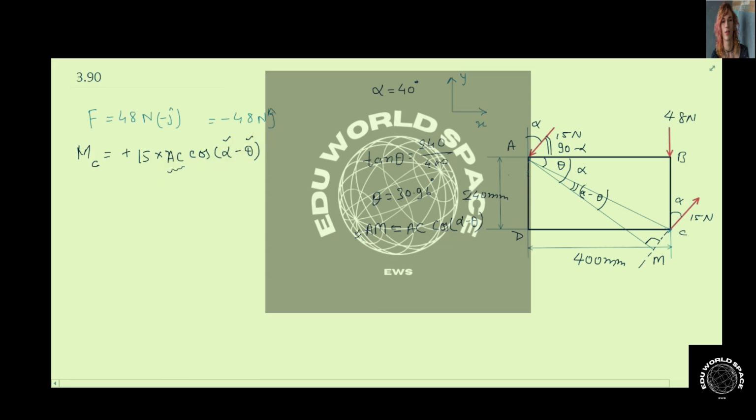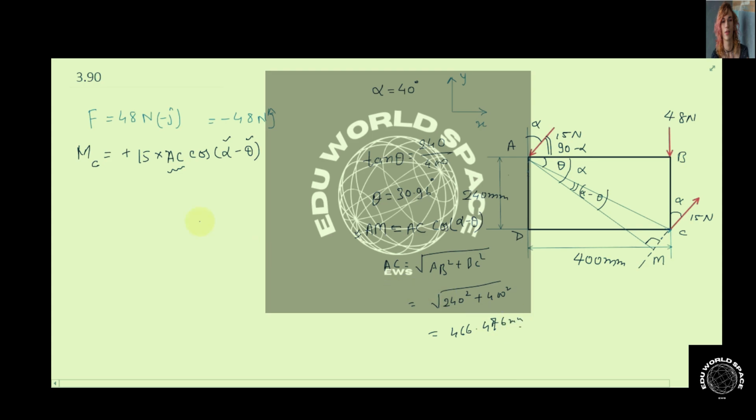Now we need to calculate the value of AC, and AC is the diagonal of this rectangle. So AC will be the square root of AB squared plus BC squared, where AB is given as 240 mm. So 240 squared plus 400 squared comes out to be 466.476 mm.